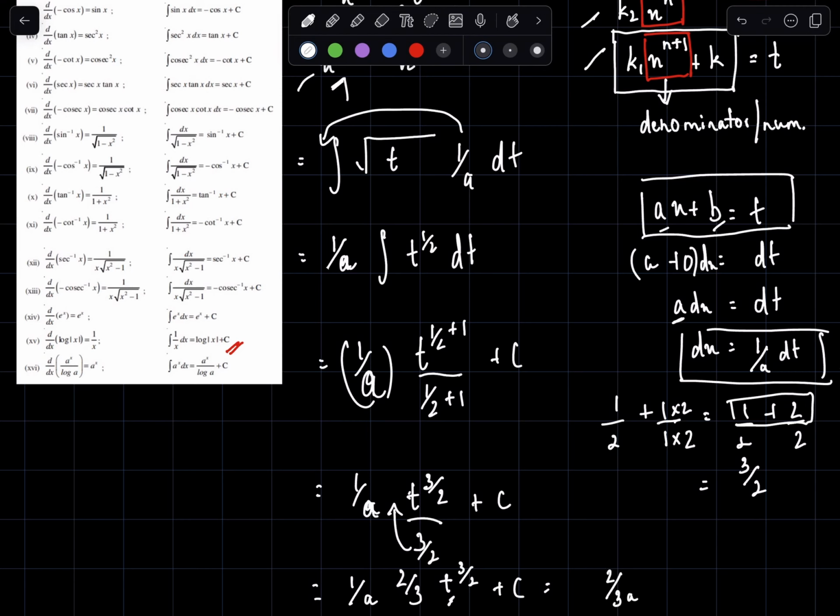And then substitute for t. What was t? ax plus b. So times ax plus b raised to the power 3 by 2, plus c.